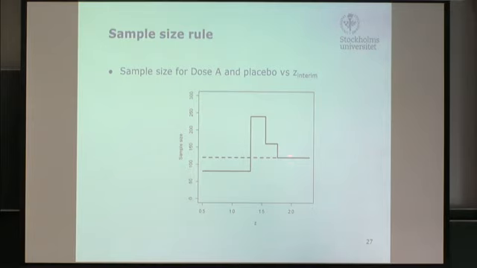So here you don't change anything, you have the specified sample size of 120. Then here you increase to 160 or to 240, or you stop in the interim analysis. So you have not this sample size rule, but some similarities here in this right hand part, that you have some step function here instead.